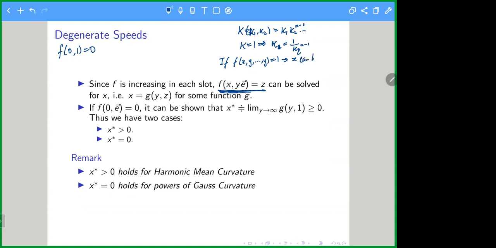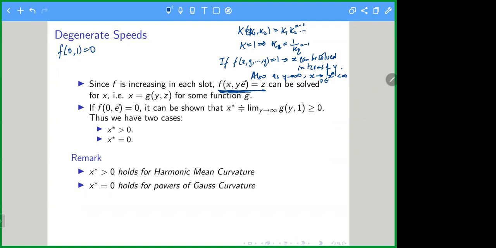It can also be shown that as y goes to infinity, just to balance out, your x has to converge to something finite, right? Okay, so then you have two cases. Actually, you can also show that this is positive.